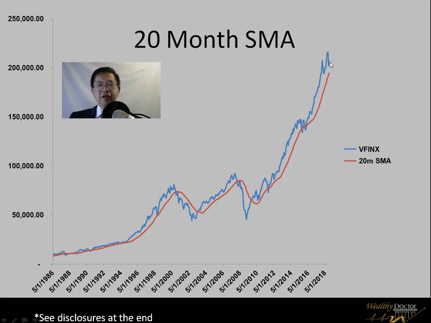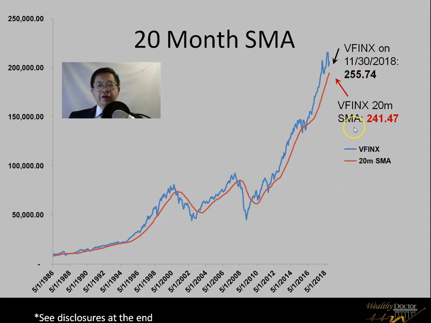However, it managed to eke up just a little bit. So now, VFINX, the Vanguard version of the S&P 500 index mutual fund, is up to 255.74. Meanwhile, the 20-month moving average has eked up slightly to 241.47.